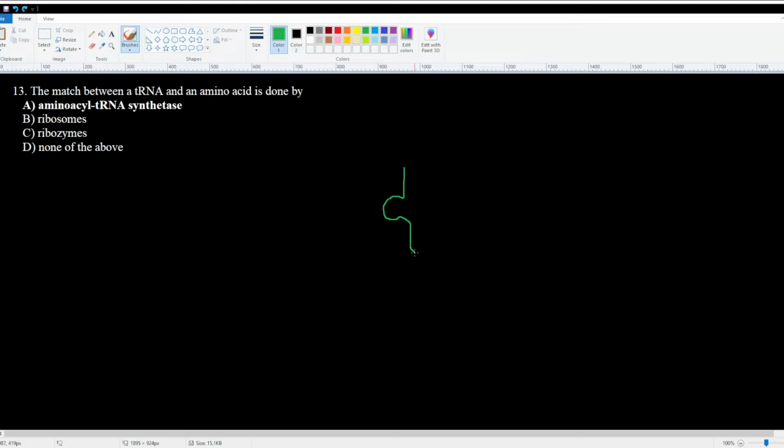And then we have the anticodon. So this is our tRNA. Oh wait, actually, this is wrong. So this is our regular old tRNA.